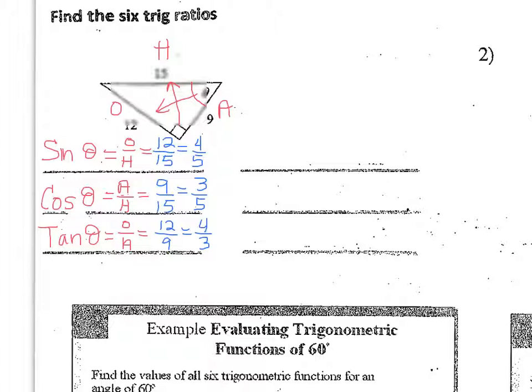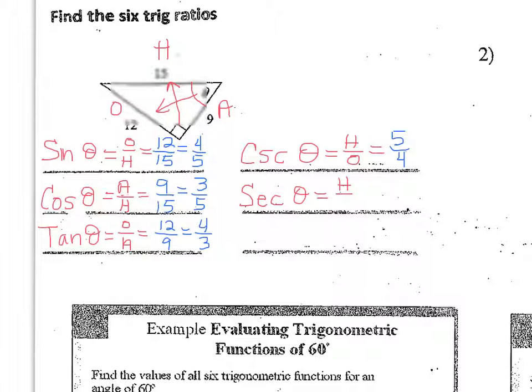Okay, so then what is the reciprocal function for sine? Cosecant, which is the reciprocal of OH, so that's going to be HO. So I just get the ratio that I have for sine, and I just switch it around. Then for cosine, the reciprocal function is secant of theta. And secant of theta is the reciprocal of cosine, which is 5/3.